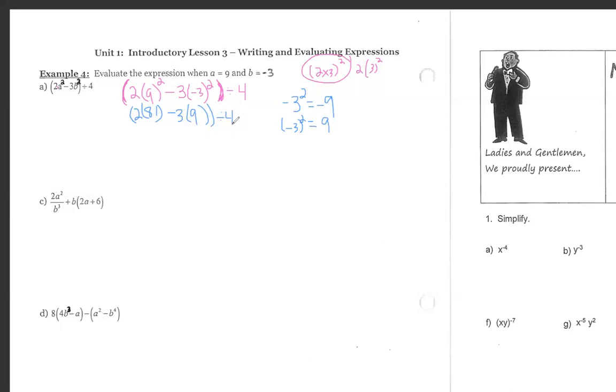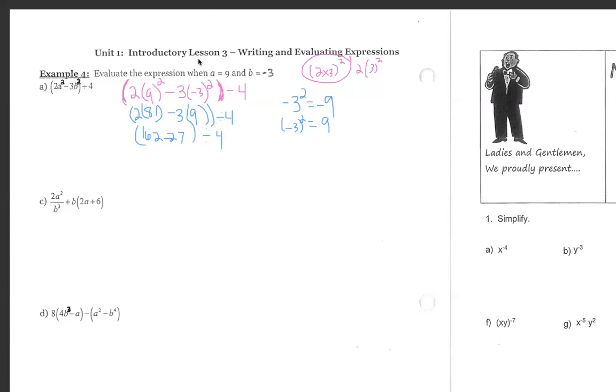All right, now that we did our exponents, the next step is going to be to multiply. Multiply before you subtract. So 2 times 81 is going to give me 162. And then minus 3 times 9, which gives me 27. All right, then again, order of operations, our parentheses come next before we do our division.